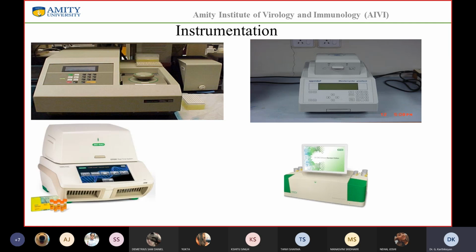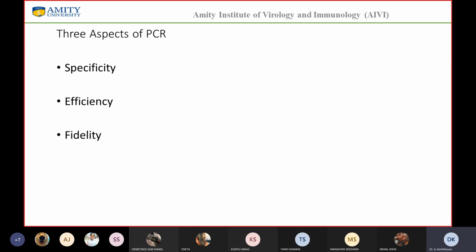So we need some way by which we could quantify what viral load each person has, and that is the basis for real-time PCR.